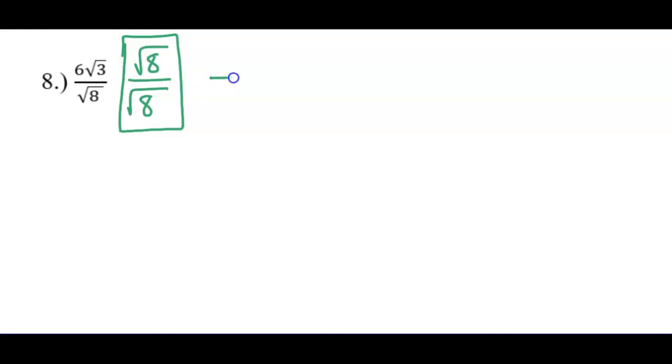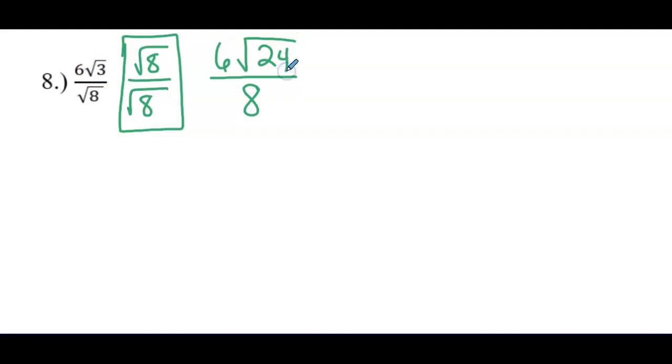I want you to do the bottom, but I am going to do the top. What's going to happen on the bottom? These are going to undo, so I'm just going to have 8. And then I'm going to have 6 times the square root of, what's 8 times 3?